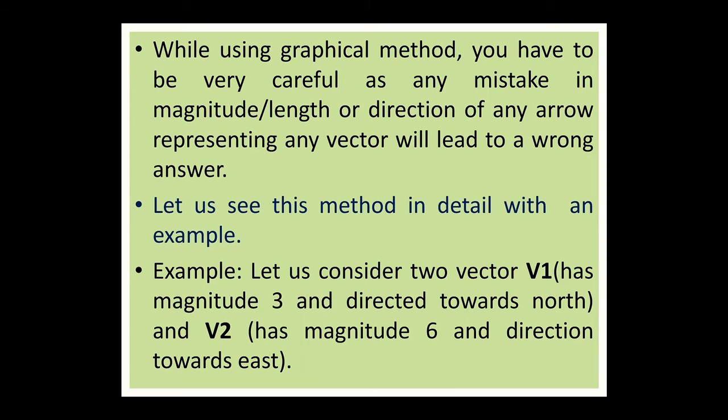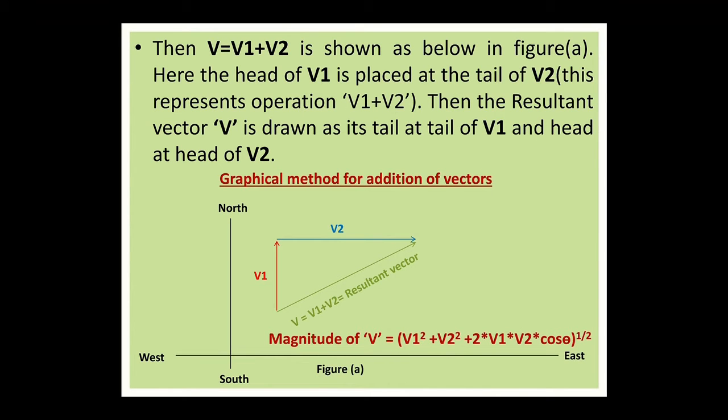Here in our figure you can see the red arrow is representing v1 and is directed towards north. Similarly, the blue arrow is representing vector v2 and it is directed towards east. You can simply check here that the length of the blue arrow is twice the length of the red arrow.